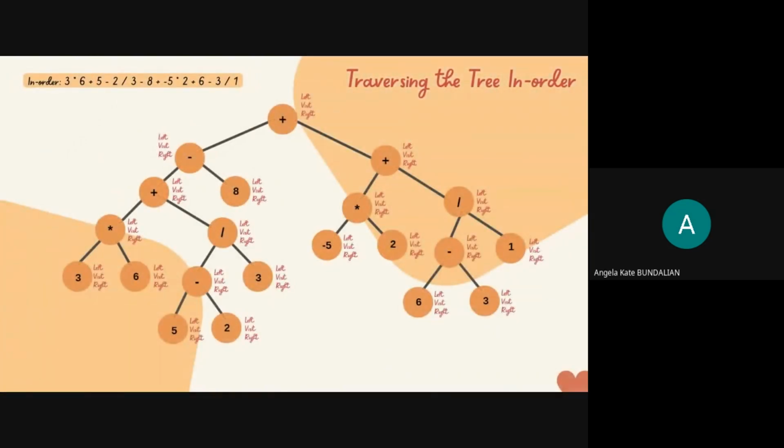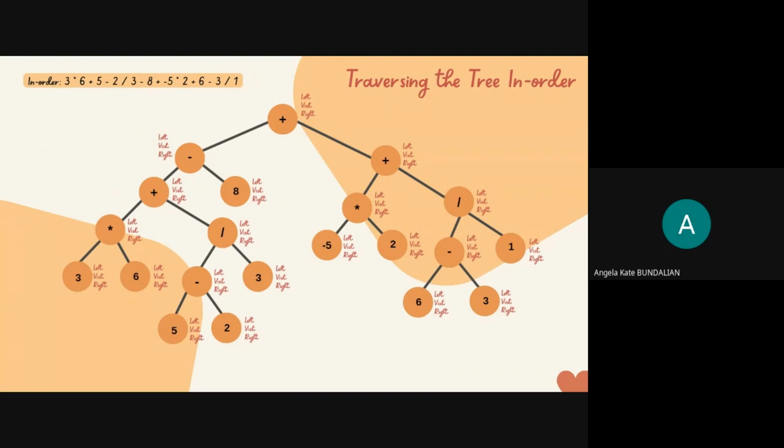Next is traversing a tree in order. We traverse to the left subtree, visit the node, and traverse to the right subtree. We start with the root node and traverse to the left subtree until we reach the bottommost leaf node, which is 3. We then pretend to traverse the left subtree and go back.